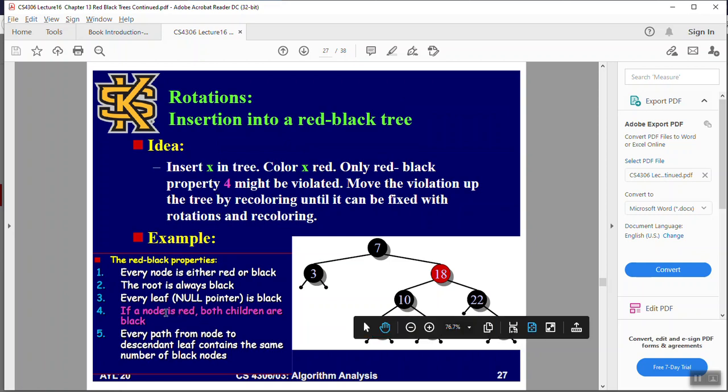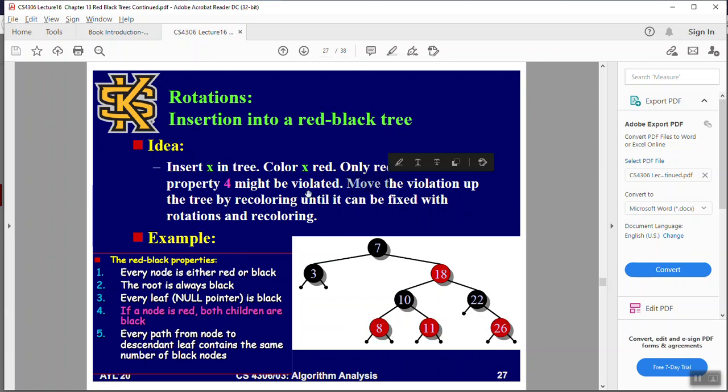Initially one condition will be violated. And then if it happens, move the violation up the tree by recoloring until it can be fixed with rotation and recoloring.